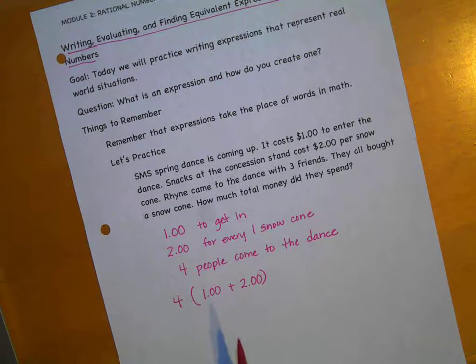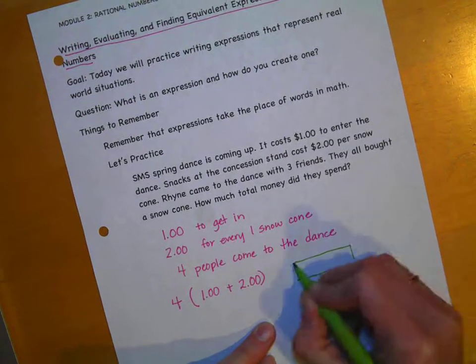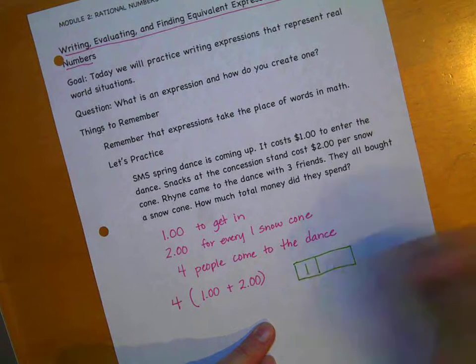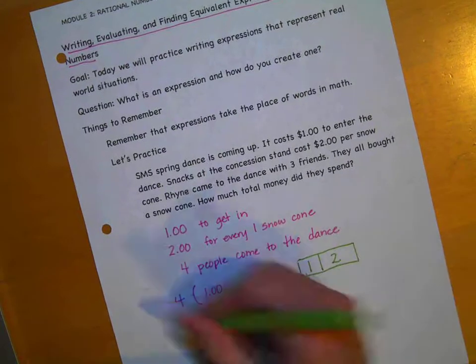And the reason that I did that is because we've been spending a lot of time working with the distributive property, and this is the distributive property. So what it's telling me to do is that for each person that is coming to the dance, they have to pay $1 to get in and $2 for a snow cone.